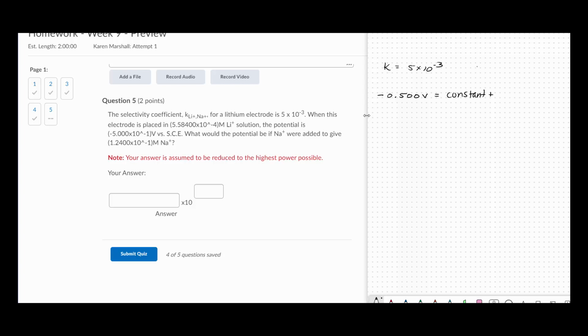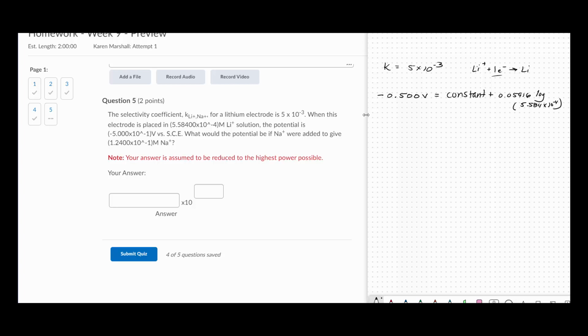So we have lithium plus 1 electron becomes lithium, so our n value is 1, therefore we have 0.05916 times the log of the concentration of that lithium. So the concentration of the lithium that I was given was 5.584 times 10 to the negative fourth.